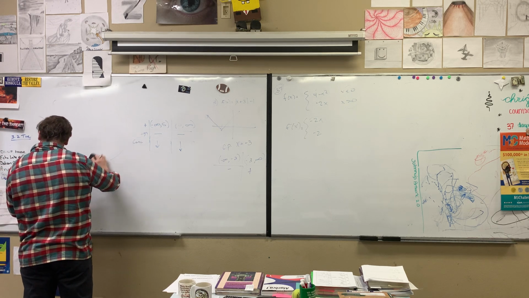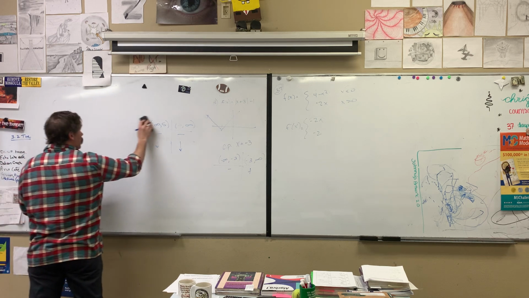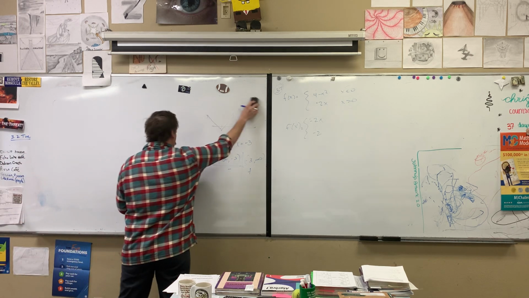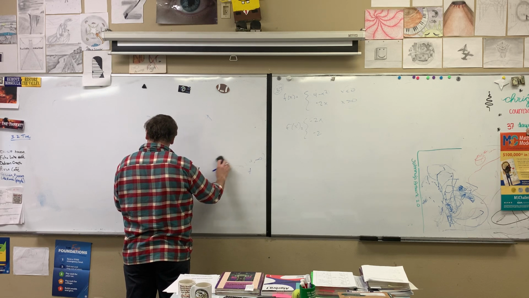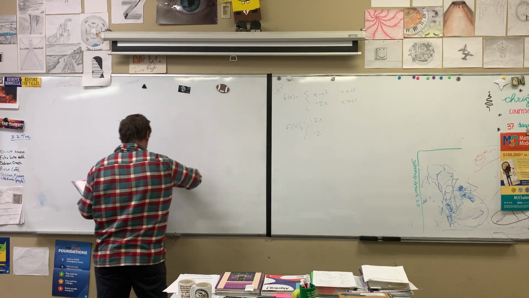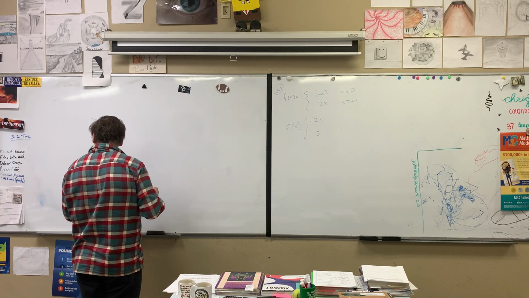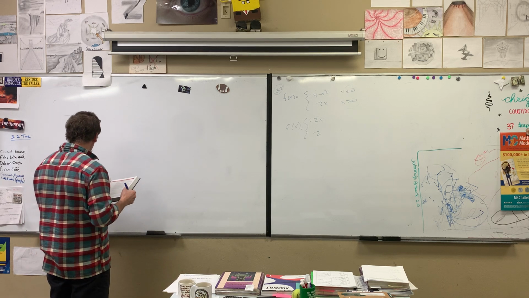For each function, find the velocity function of the particle at any time. And then identify the time intervals at which the particle is moving in a positive direction and then in a negative direction, and when the particle changes directions.